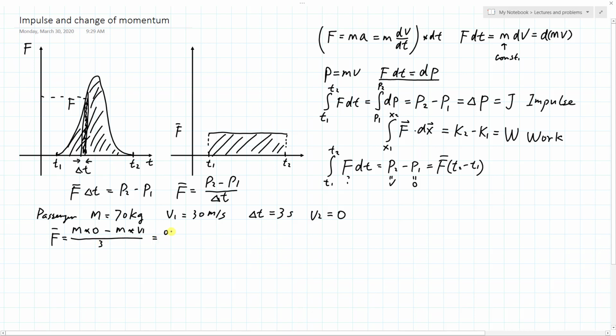So 0 minus 70 times 30, that's 2100 over 3. So that is 700 newtons of average force. This won't be very comfortable, but it won't bruise the passenger either.